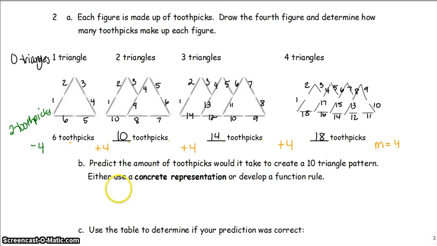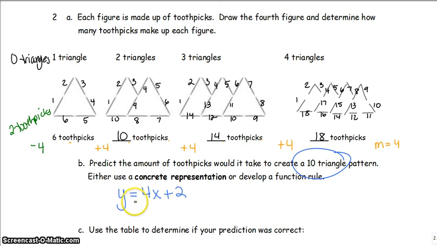So we take our slope, y equals 4x, and our starting point at a positive 2. This would be our equation we would use to find it for any number of triangles. If I wanted to have a diagram for 100 triangles, this is what I would use. And again, we wouldn't want to draw out a 100 triangle diagram, so we would use our function rule.